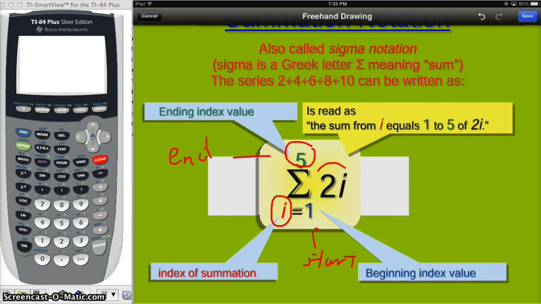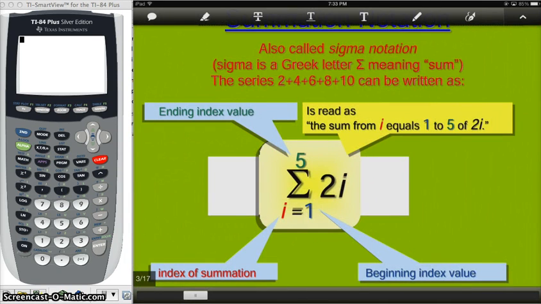This here is the sequence. So remember we said the series, and my iPad's not writing correctly, is the sum of a sequence. And so the sum is sigma, and you have the sequence there.